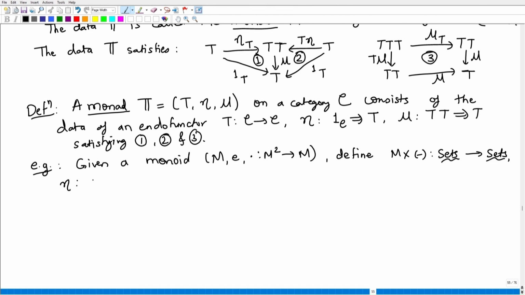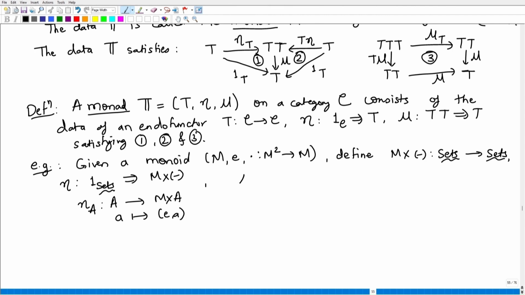Eta should go from one subsets to M cross blank. Okay. So what will be eta sub A? Eta sub A is a map from A to M cross A. What should it do? It takes an element little a and maps it to E comma A. Very good.